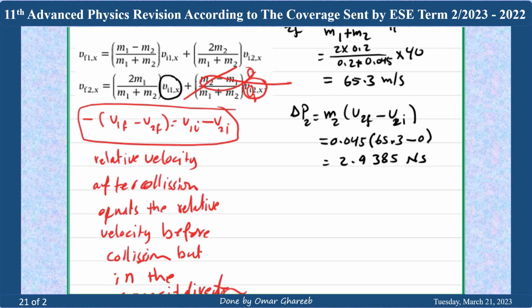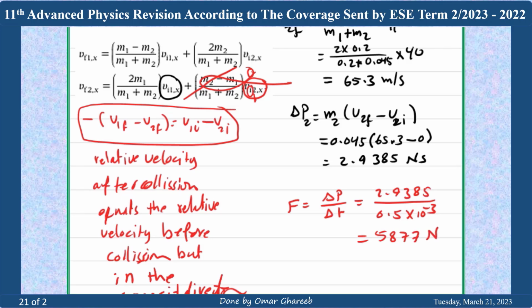Now to find the force, F equals delta P over delta T: 2.9385 over the time interval, 0.5 times 10 to the minus 3. The answer is 5877 newtons, and that's it.